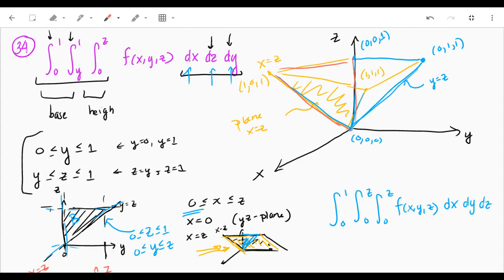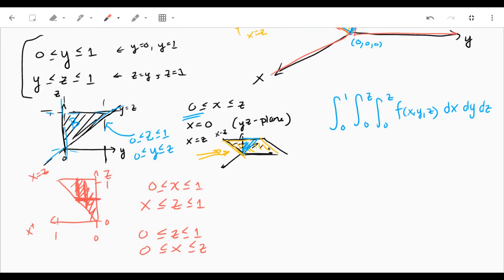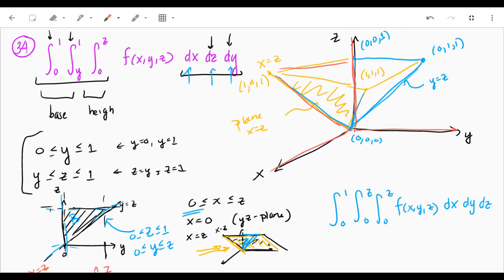Then we've got to think about our height. Again, if XZ is the floor, that triangle's our floor, the height is in the Y direction. We're butting right up to that XZ plane. So Y would be between 0 and whatever this slanted edge is here.